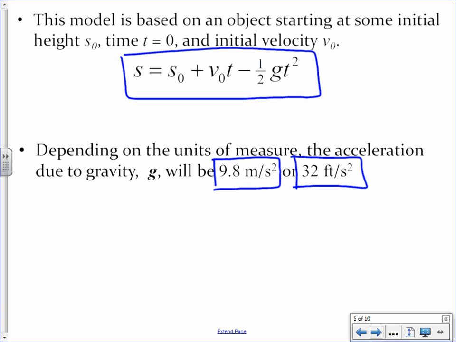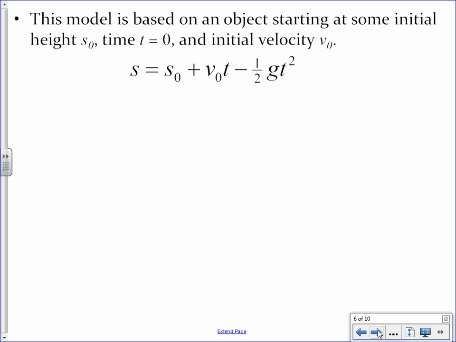So let's talk about what our velocity and acceleration equations would look like. If this is our position equation, what would our velocity equation look like? The derivative, I don't know how to derive s sub 0. What is s sub 0? The initial position is going to be what kind of a value?